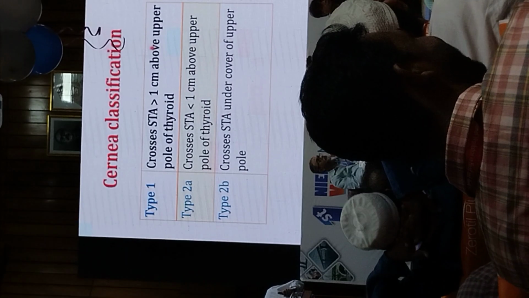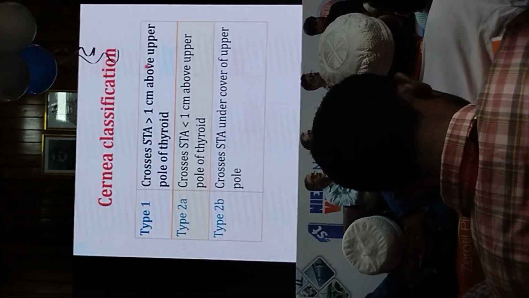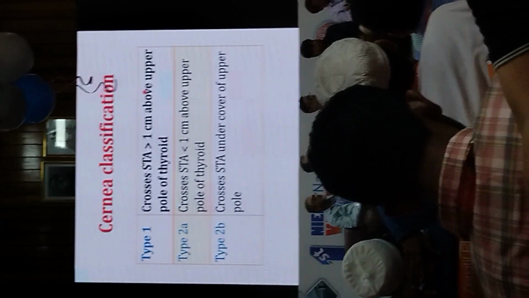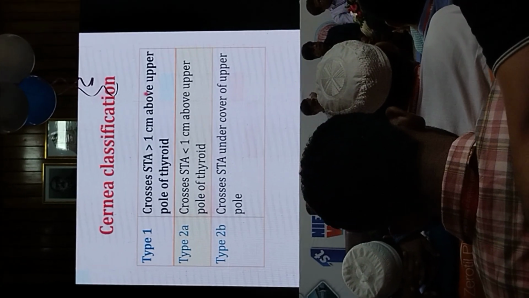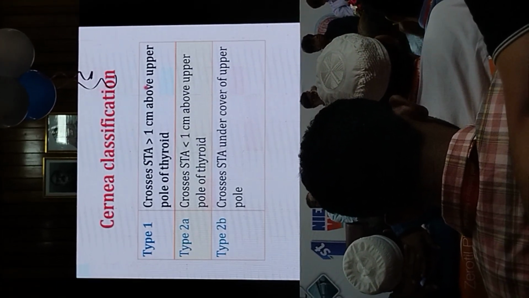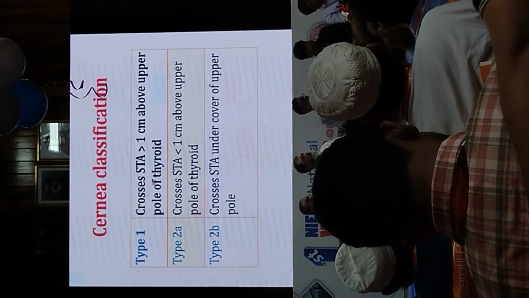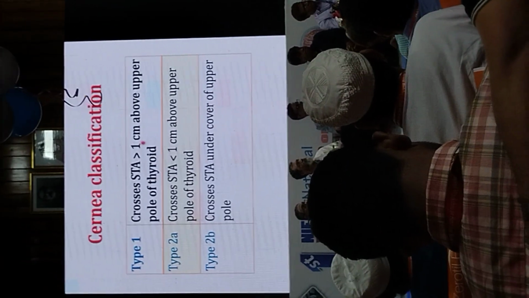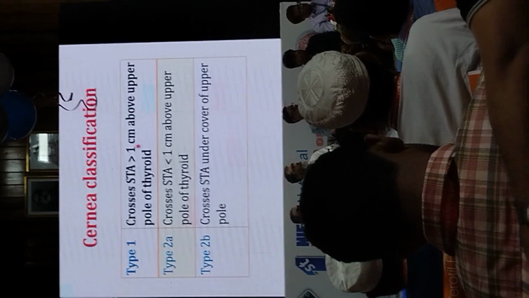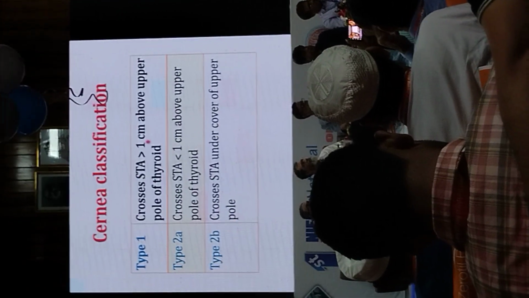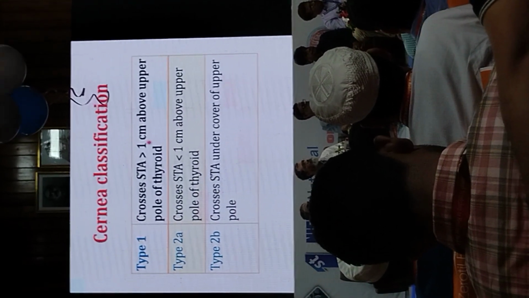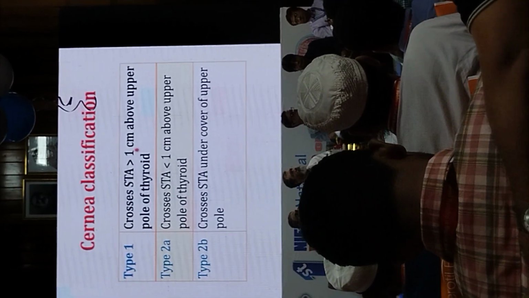So for the identification of the nerve, Cernea, the Brazilian thyroid surgeon, made a classification. Already I told in the early morning. So they told type 1, type 2A and 2B. Type 1 is where the nerve crosses 1 centimeter above the upper pole, and type 2A is within the 1 centimeter, and 2B is below the upper pole of the gland. So type 2 is called the high risk nerve.